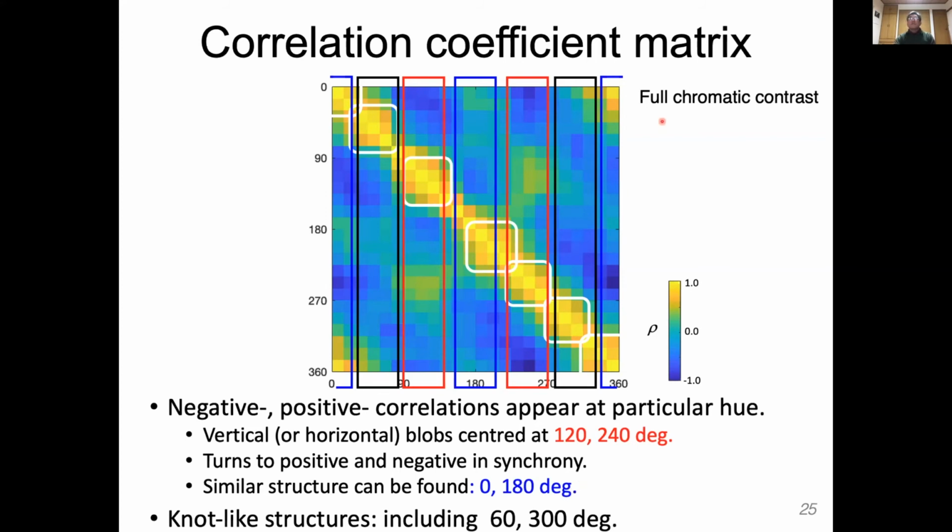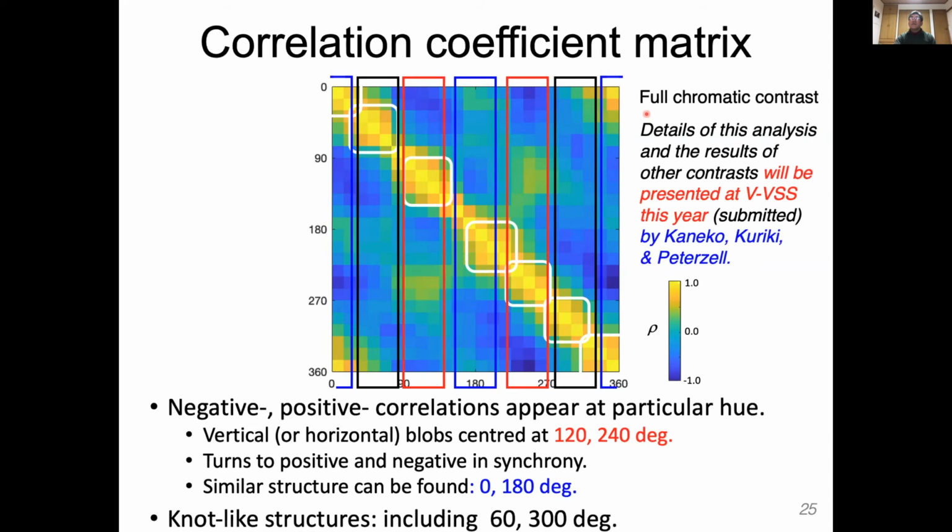This is just a result from the full chromatic contrast experiment, but you can do this kind of analysis for the half and quarter contrast results. This further analysis is now underway, and we would like to present the details in the future.